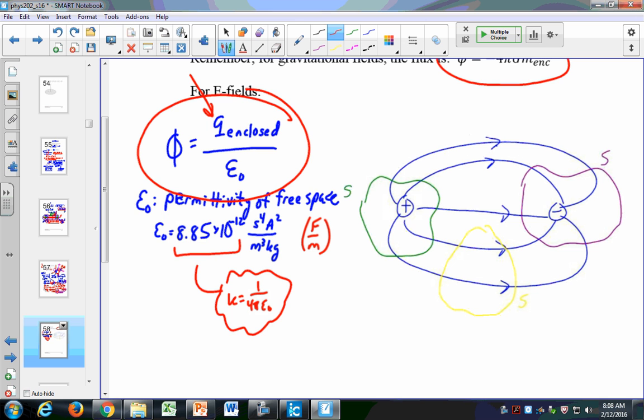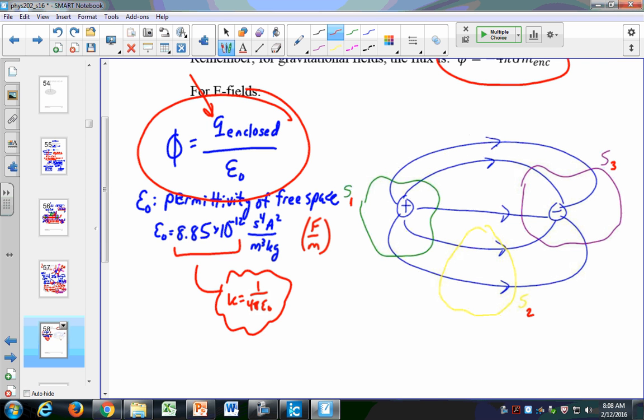So let's say that I have 3 surfaces here, and I want to know the total charge within the surfaces. I have this first surface right here. I'll call this S1, this is S2, and I'll call this S3. You know what charge is in here, but let's say that you didn't know what charges were inside these surfaces. Then we can look at the flux lines.